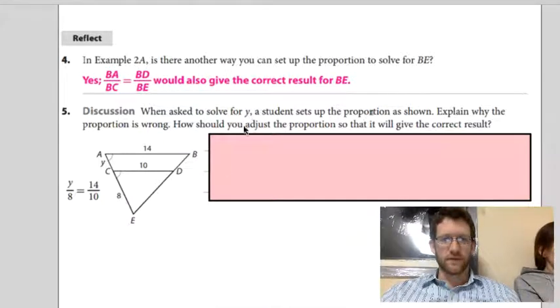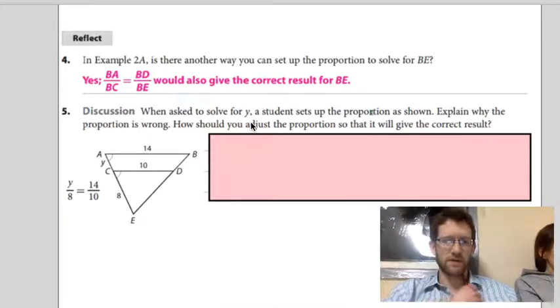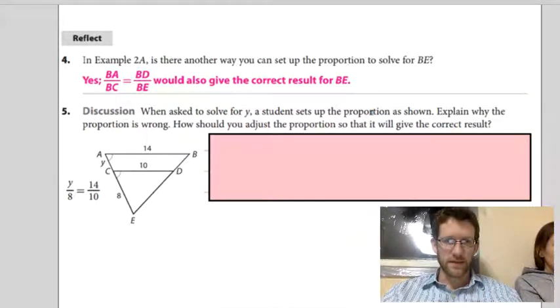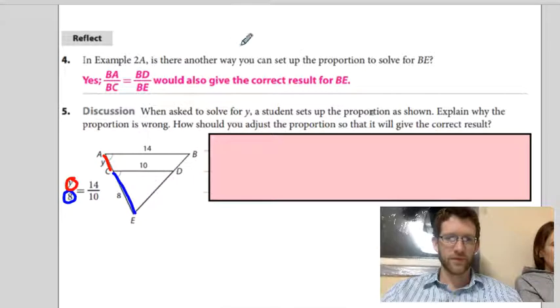Okay, when asked to solve for y, a student sets up a proportion as shown. Explain why the proportion is wrong. How should you adjust the proportion so it'll give the correct result? Again, he didn't set this up. He picked one of the wrong ways to do it. He said that y over 8 is equal to 14 over 10.